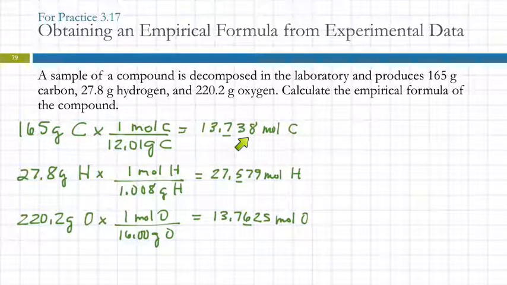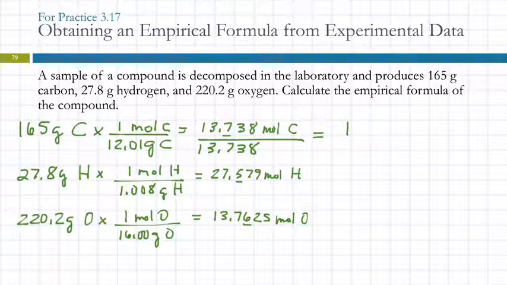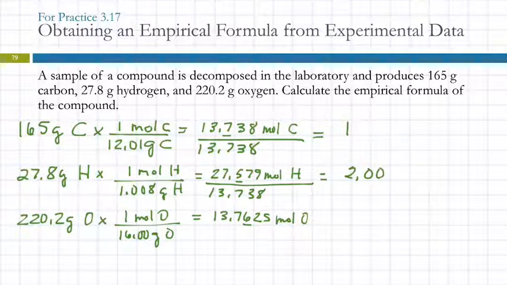So in this instance, the moles of carbon is slightly smaller than the moles of oxygen. So I'm going to divide all of them by the smallest, 13.738. So that gives me 1. And I'm going to divide this by 13.738. 27.579 divided by 13.738 equals 2.0074.